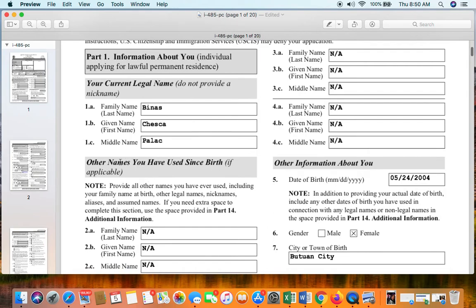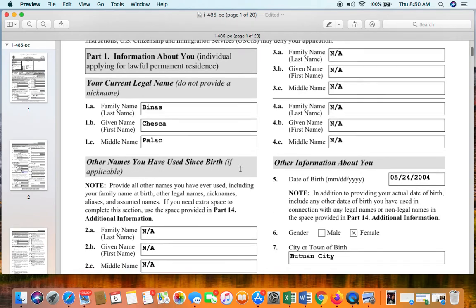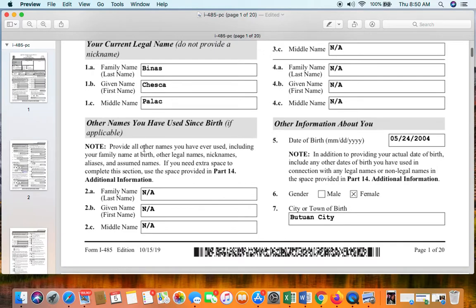And then, here, other names you have used since birth, if applicable. Provide all the names you have ever used, including your family name, name at birth, or legal names, nicknames, aliases, or assumed names. If you need extra space to complete the section, use the space provided in Part 14.